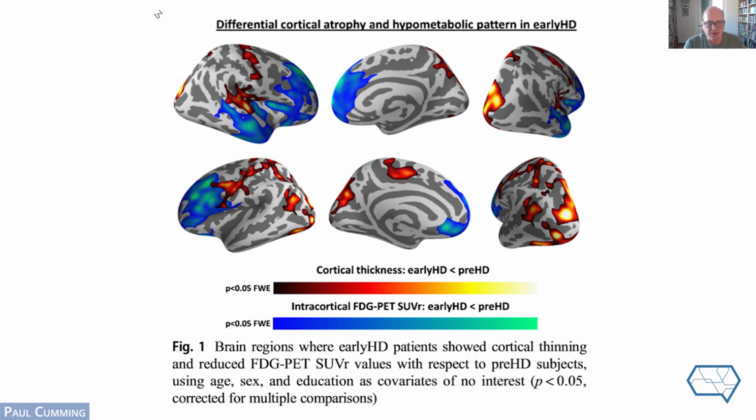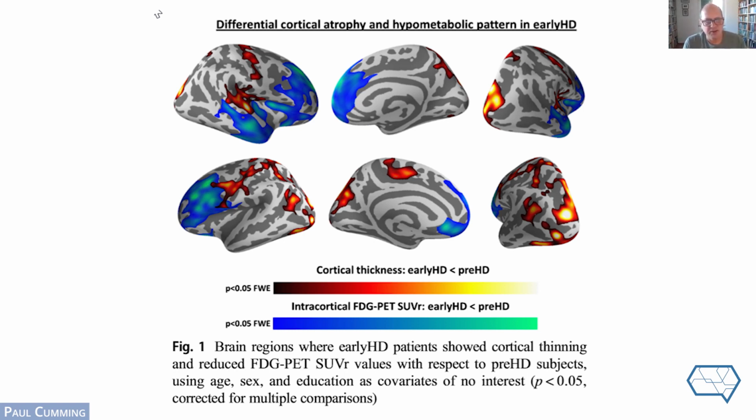And in the red scale, you see that there is a cortical thinning in, well, it looks like the prefrontal lobe, that is the premotor cortex, and in some regions of the occipital lobe, or rather in the motor strip, and this kind of makes sense functionally because this is where the disease is ongoing.